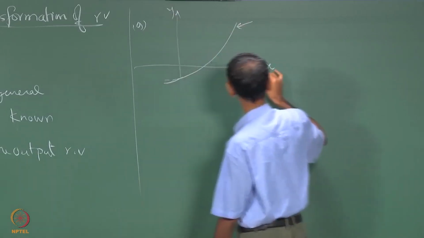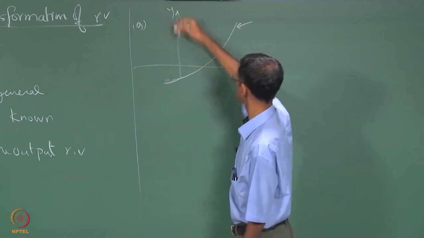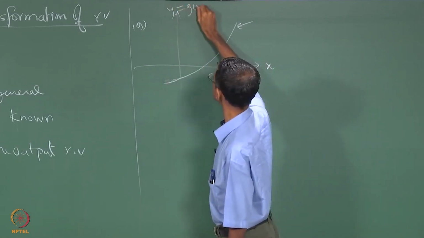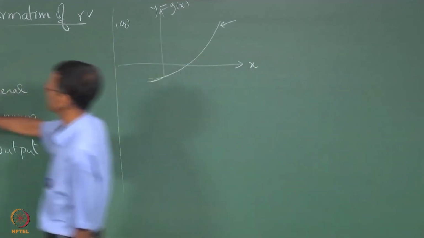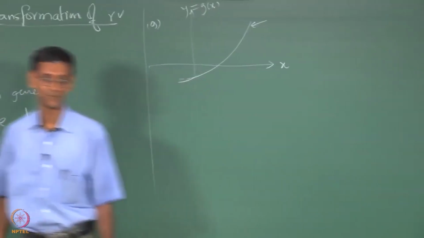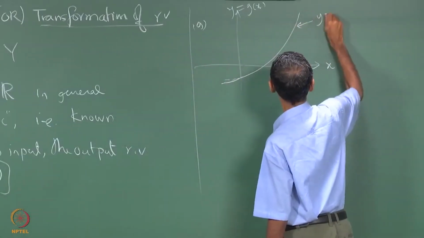What am I plotting here? I am plotting the domain of G along the x axis and the range, or the values taken by G, on the y axis. There is nothing random about this portion. This is just a graphical specification of G, Y equal to G of X.